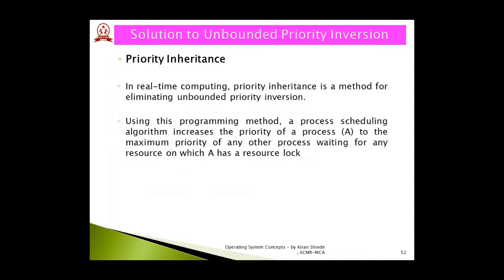Very simple solution. What is the takeaway of this solution? Using a certain kind of program, a process scheduling algorithm increases the priority of that particular process to the maximum priority of any other process waiting for any resource on which this process A has a resource lock.